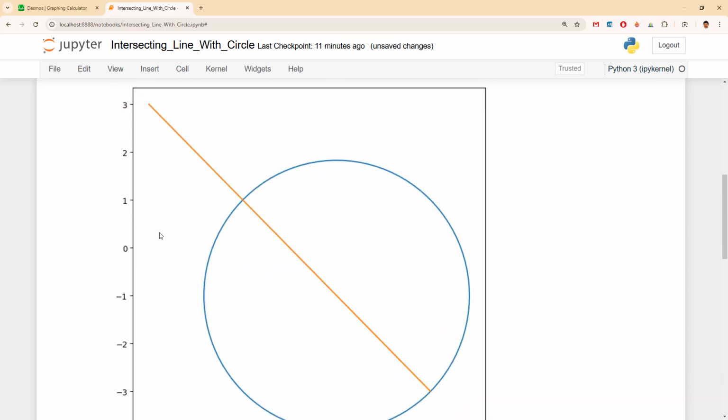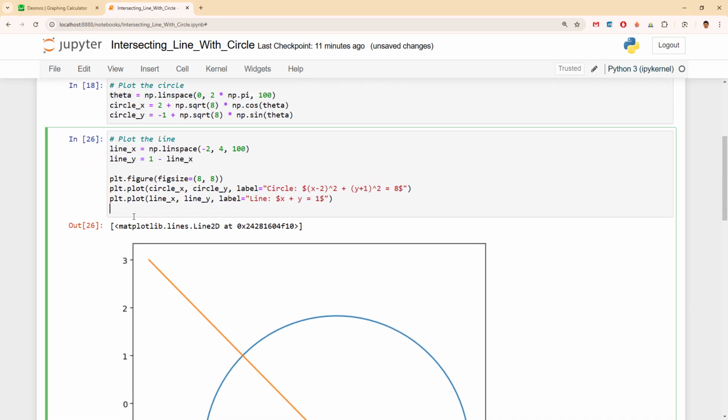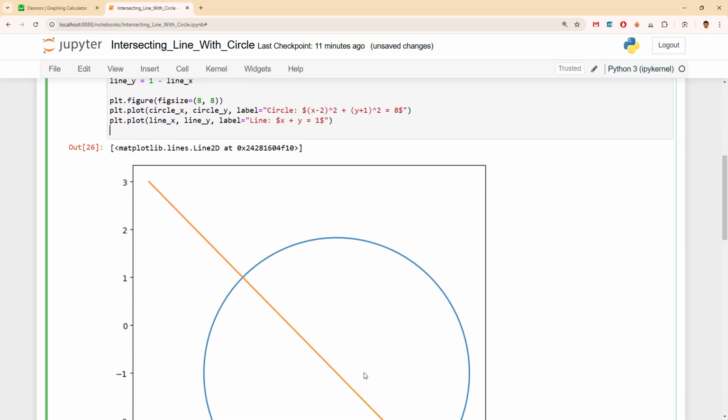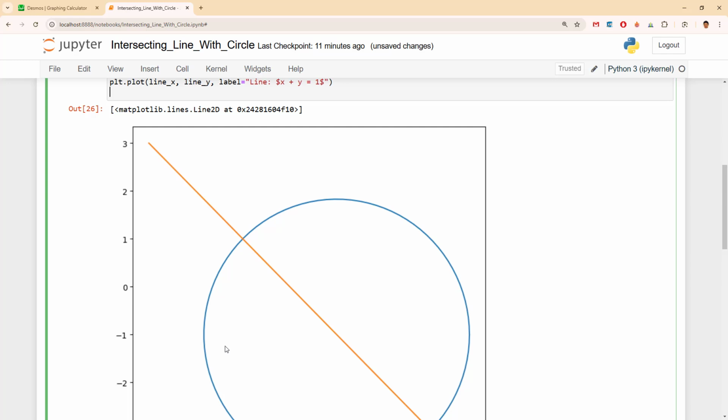Ta-da! Looks like this. It's a bit ugly, but we need to make it a bit beautiful with adding the intersection points and writing a nice legend.